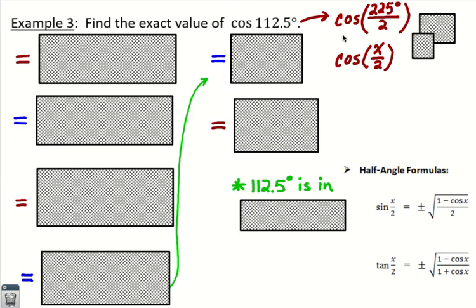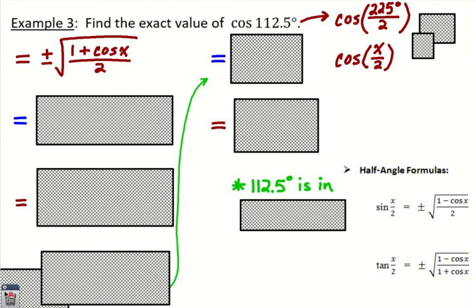So we can use the half angle formula for cosine and rewrite it like so. And what was our x? It was 225.